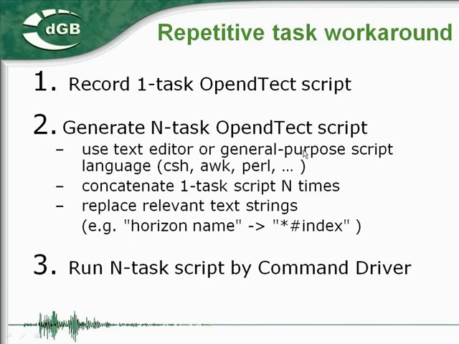Or even better, they use a general purpose script language like C Shell, Awk, or Perl to generate the n-task OpendTect script from the one-task script. And they concatenate the one-task script n times, and then they start replacing relevant text strings.